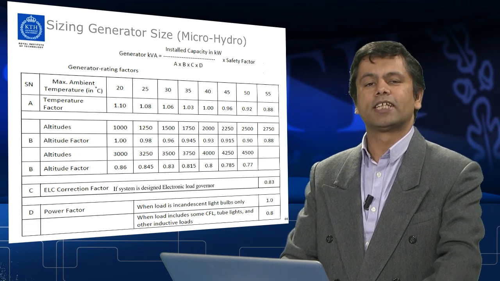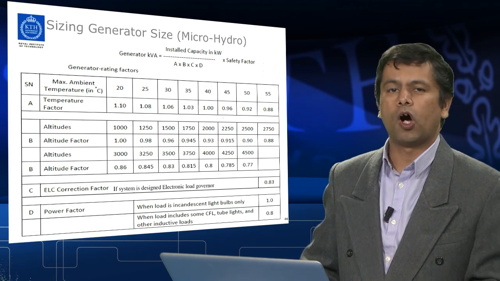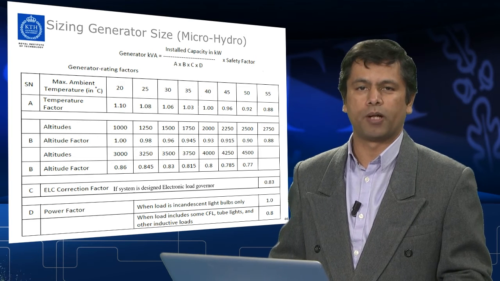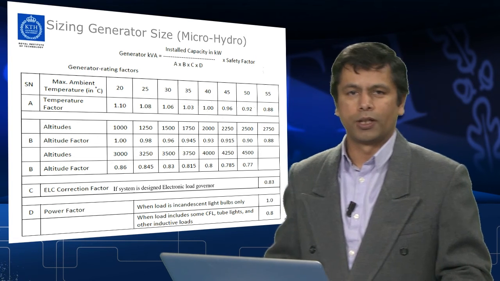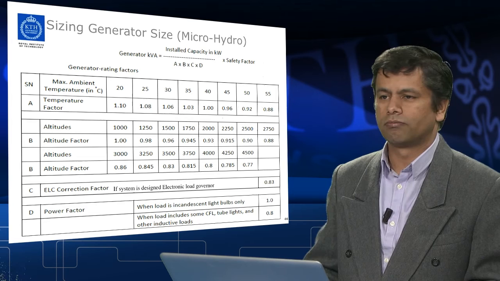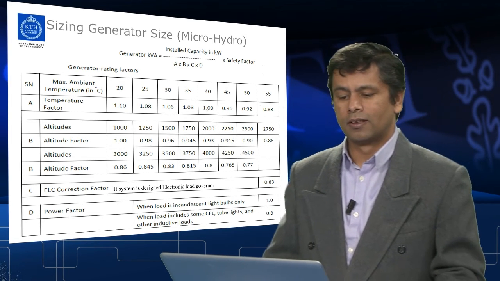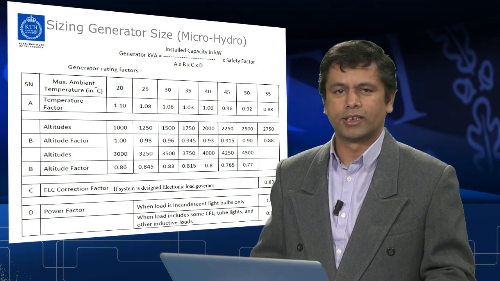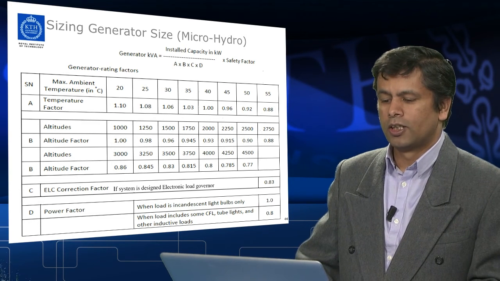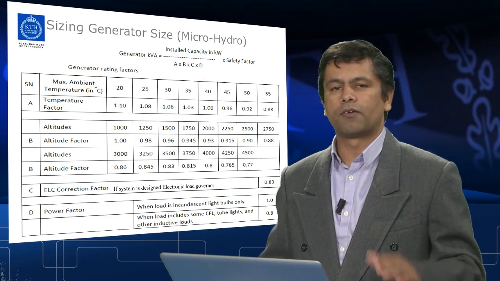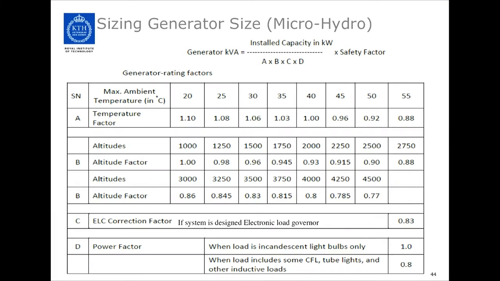Now, sizing the generator. Once you know how much power you are going to get from the hydropower, and if you are installing a power plant of 50 kilowatts, then how do you select the generator kVA size? Normally, if you are selecting a power plant for a micro range, then you have to choose from the available sizes in the market.